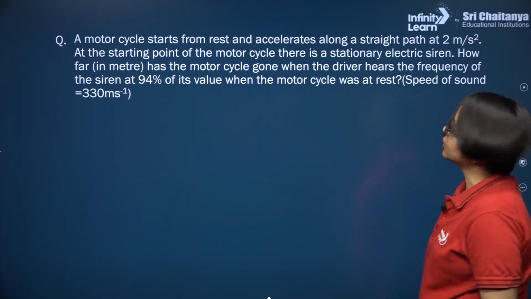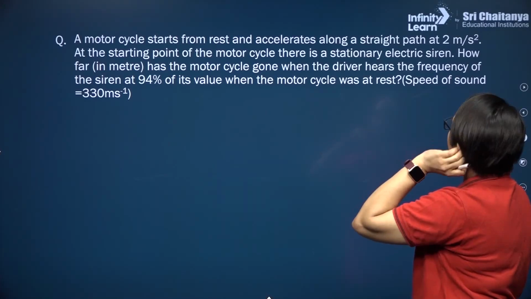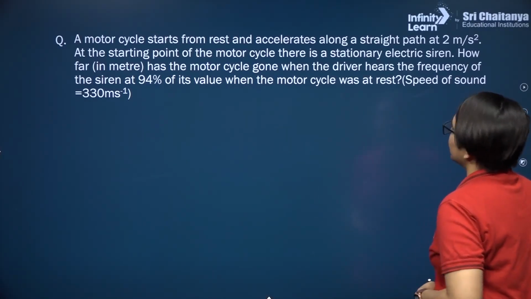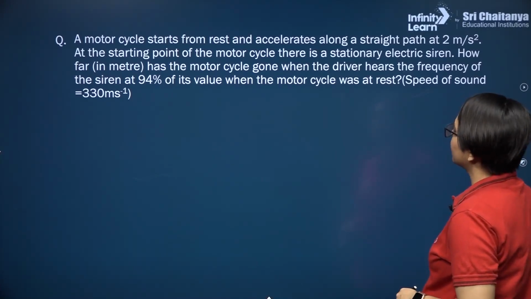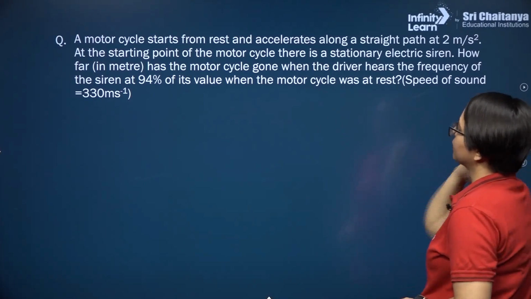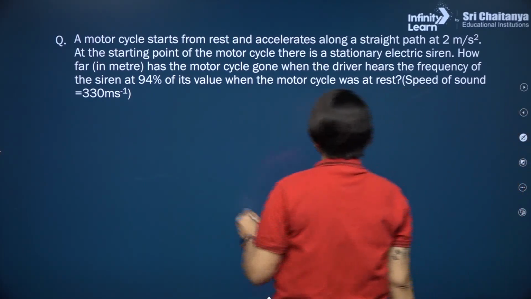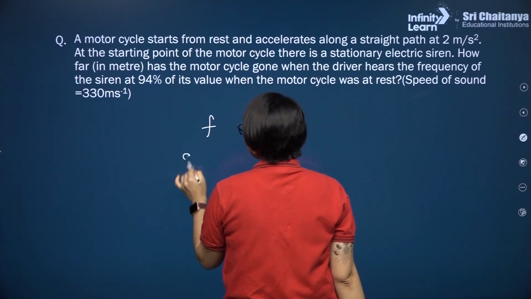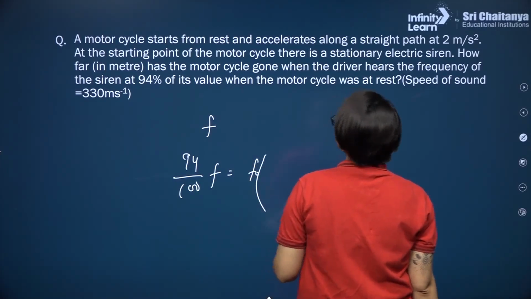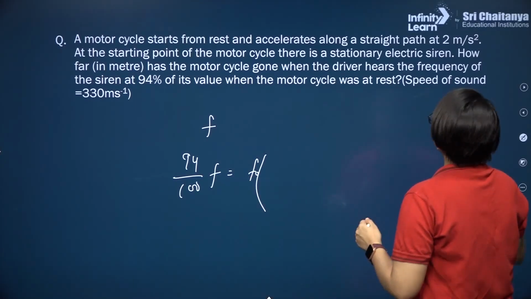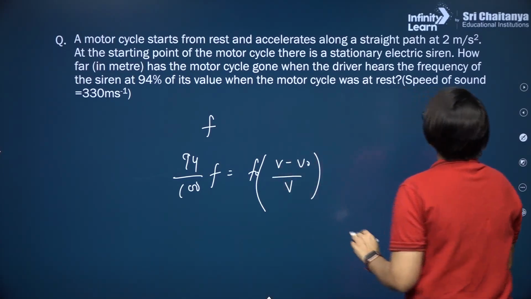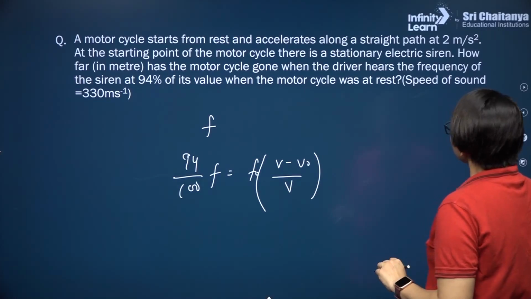Next is this one. A motorcycle starts from rest and accelerates along a straight path at this rate. At the starting point of the motorcycle, there is a stationary electric siren. How far has the motorcycle gone when the driver hears the frequency of the siren at 94% of its value when the motorcycle was at rest? So the initial frequency is, let's say, F, and the apparent frequency is 94% of F, which is equal to the initial frequency into (V minus VO) divided by V, because it is moving away, where V is 330 and VO is the velocity of the observer.